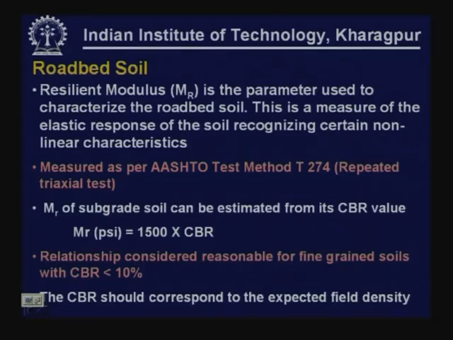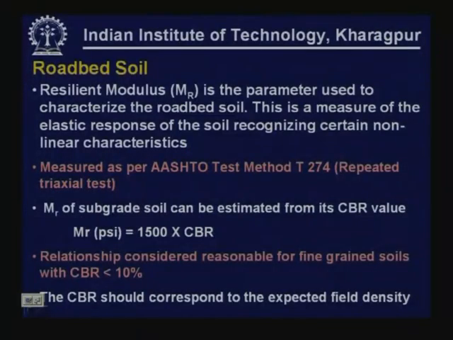We have already discussed a few times in the preceding lessons that the resilient modulus value can be obtained by conducting a repeated triaxial test on the soil sample. The test has to be conducted under certain specified stress conditions of deviator stress and confining stress. So, AASHTO suggests what stress conditions are to be adopted and how the test has to be performed for evaluating the resilient modulus value of the subgrade soil.